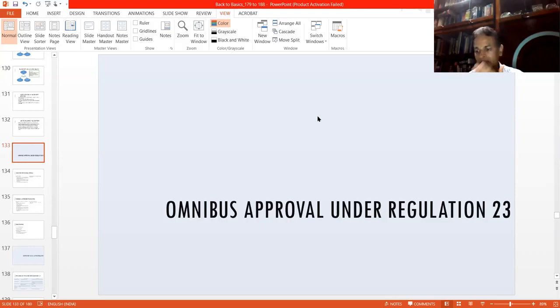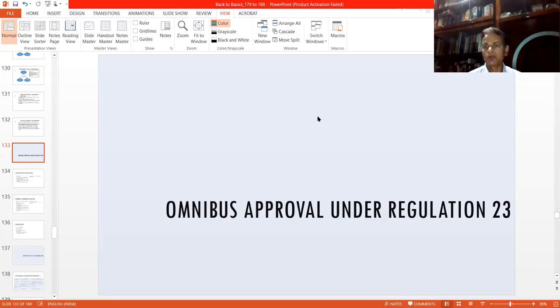So limit in terms of amount, limit in terms of time, and a condition that each of the transactions must be done on arm's length basis, not just pricing but other terms of the transaction as well. That is the way to grant an omnibus approval.